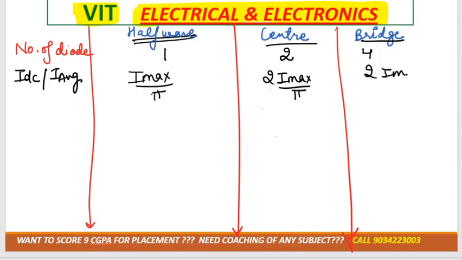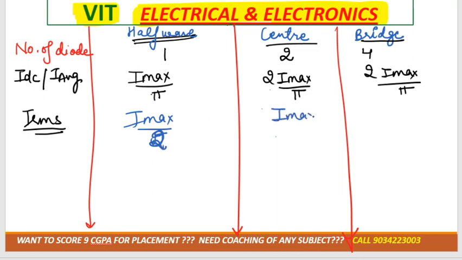Again for the bridge type, it is 2 Imax by pi. Now if we want to calculate IRMS, it would be Imax by 2 for the half wave, Imax by root 2 for center tap, Imax by root 2 for bridge type.